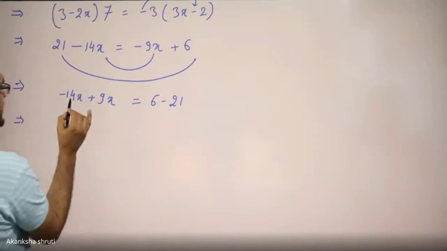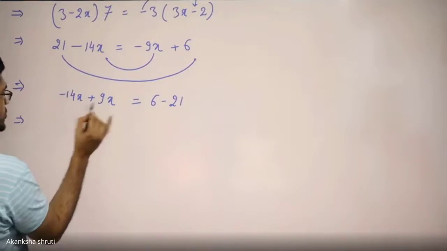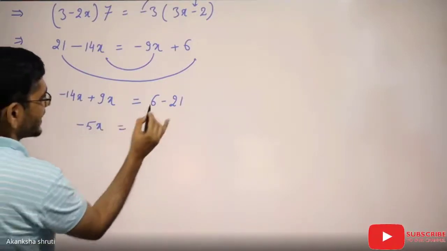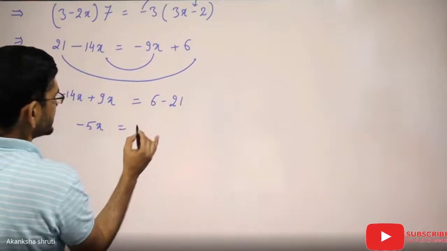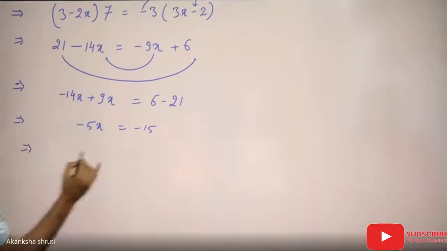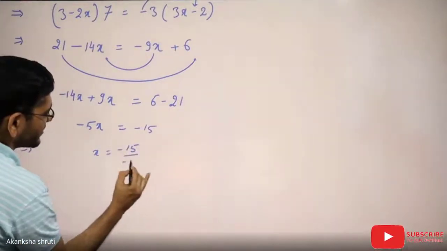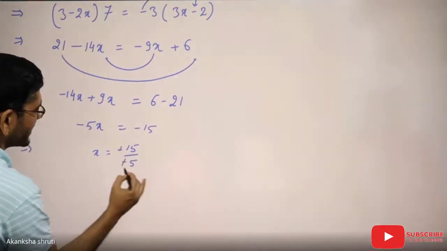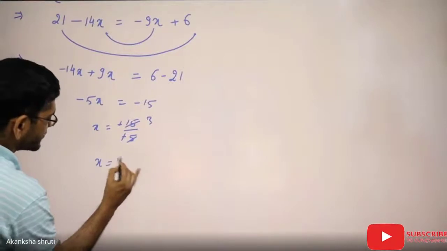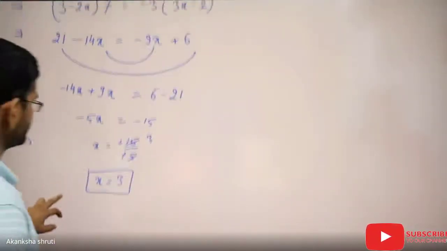Here we are getting 14 and 9, so it will turn into minus 5x, and on the right hand side 6 minus 21 is minus 15. So the x that is obtained is minus 15 by minus 5. Negative signs cancel. 5 will go 3 times. So x is equal to 3. This is the value of x that we have obtained.